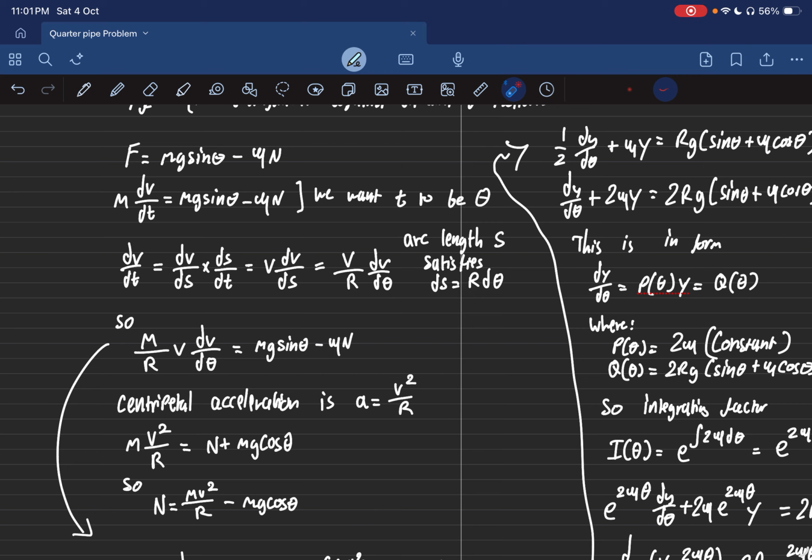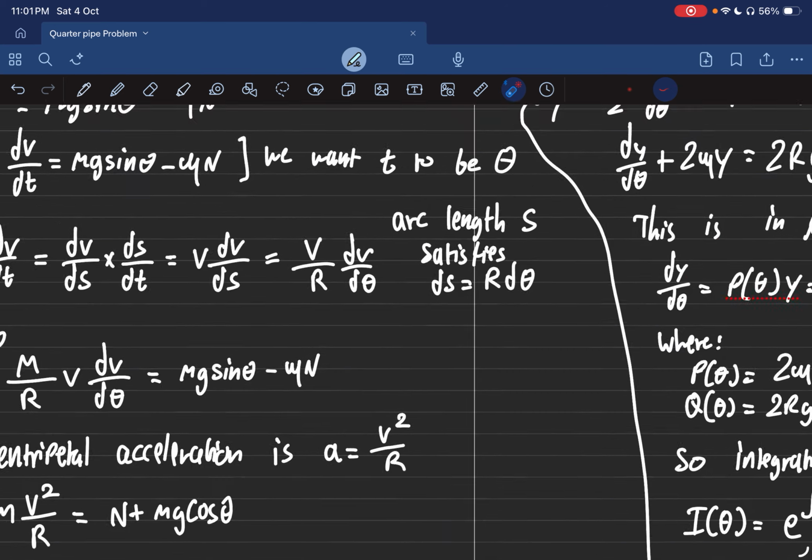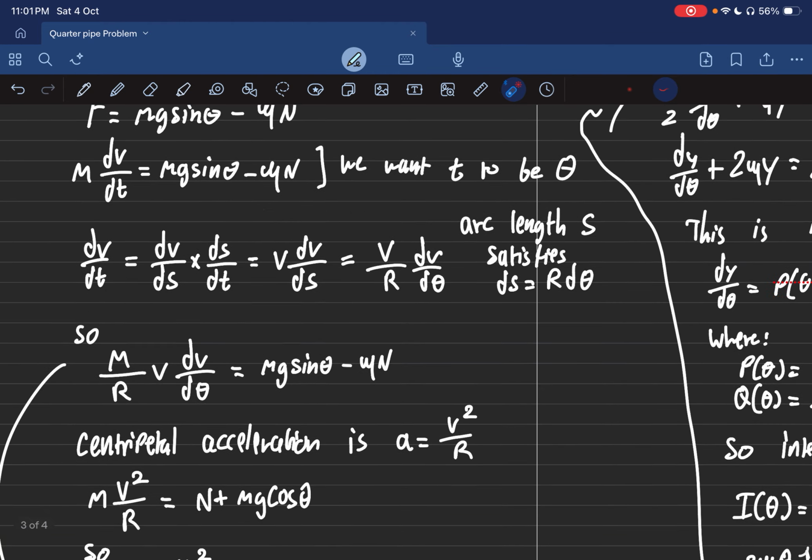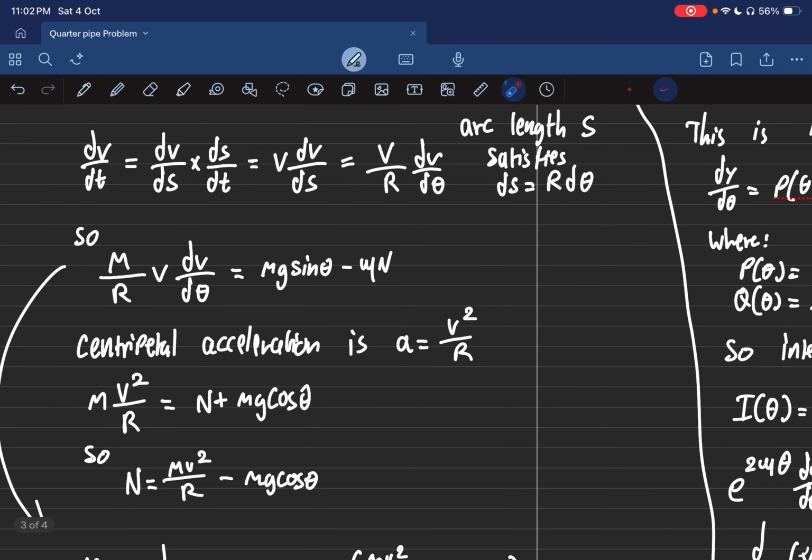Then we have v dv/ds equals v over r dv by d theta. But why is the r there? Because the arc length s satisfies ds equals r d theta. Makes sense? Basic differential equations. Then we move on.